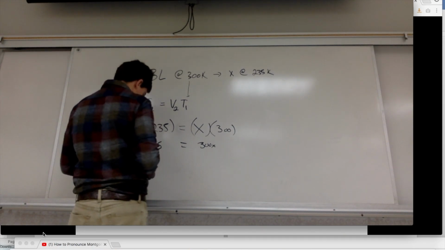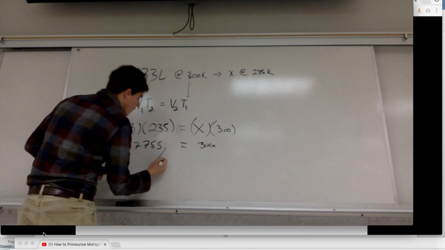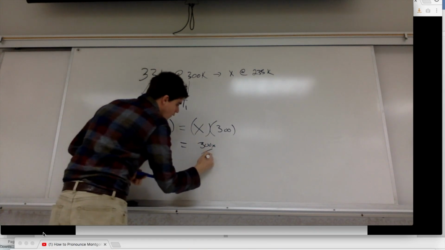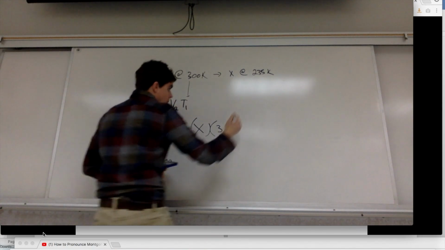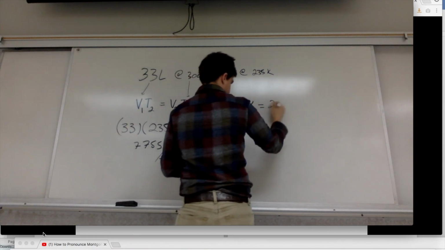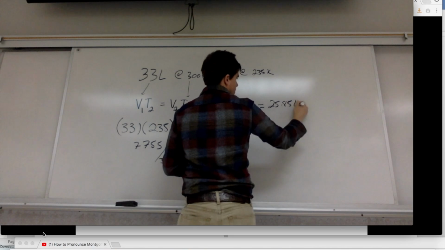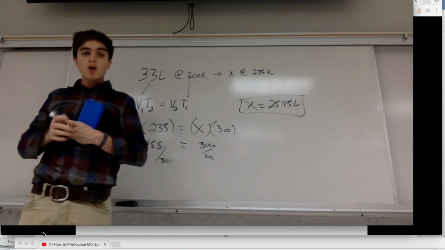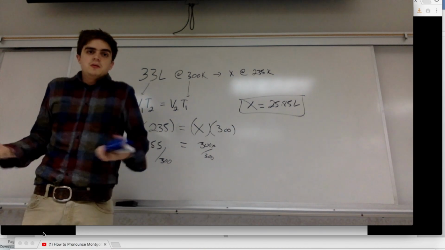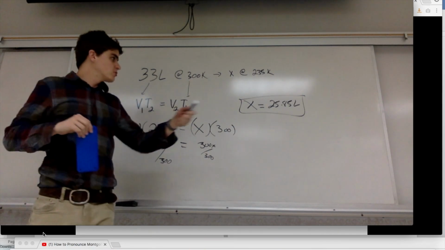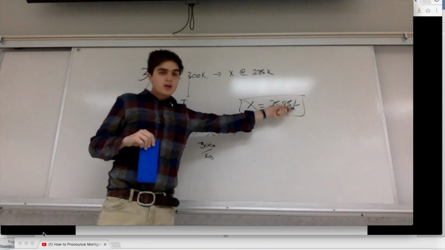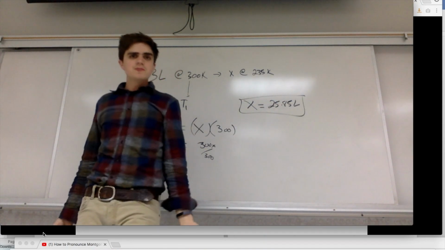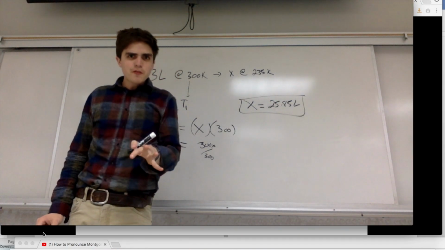So x here is equal to 25.85 liters, which of course makes sense because it got colder, and as things get colder, they shrink, at least in the gas world. And so this is going to work. Now again, note, I am putting a unit on. By far the common mistake on these things, at least early on, is people forget their units.